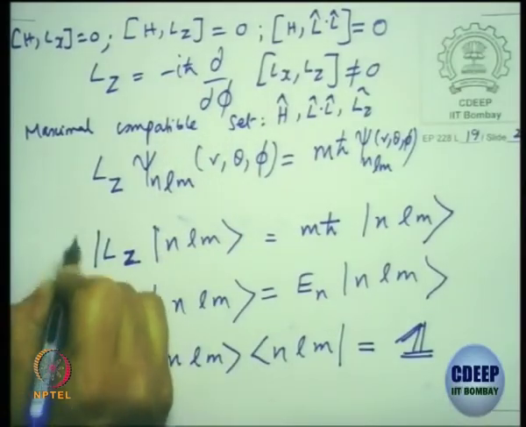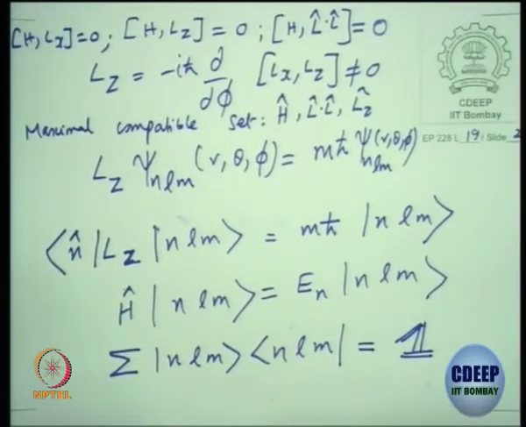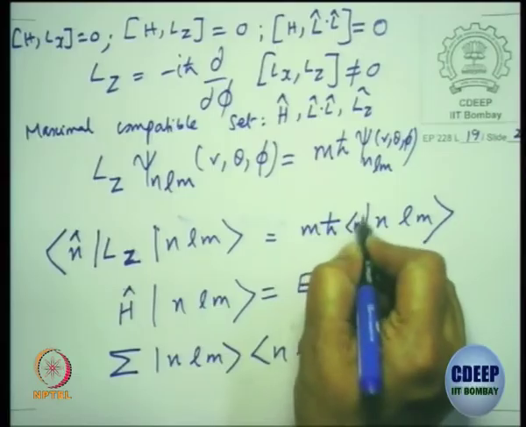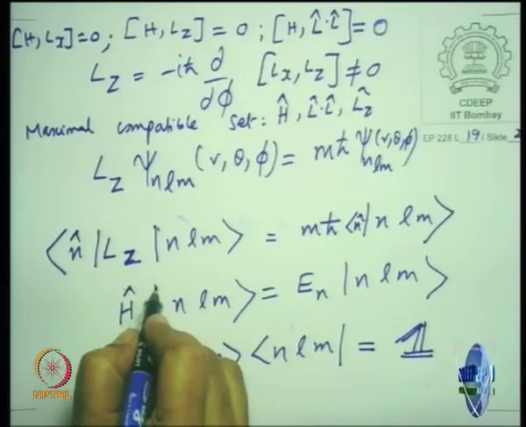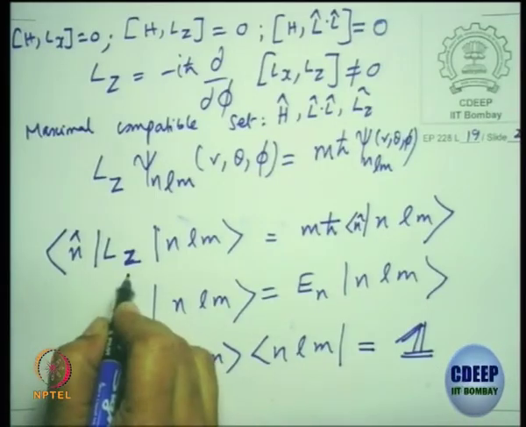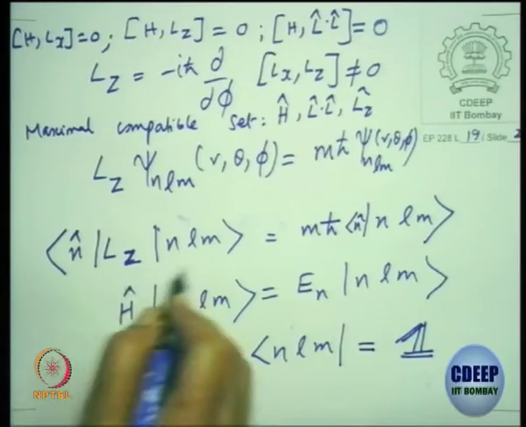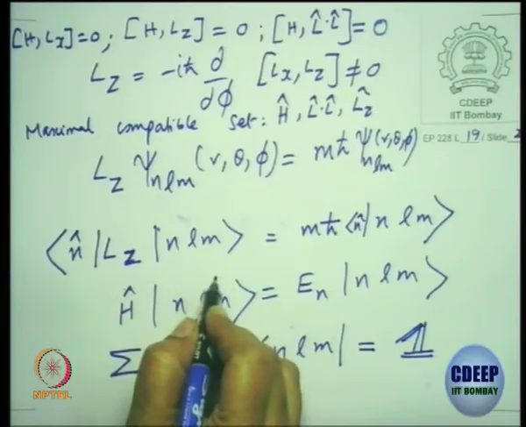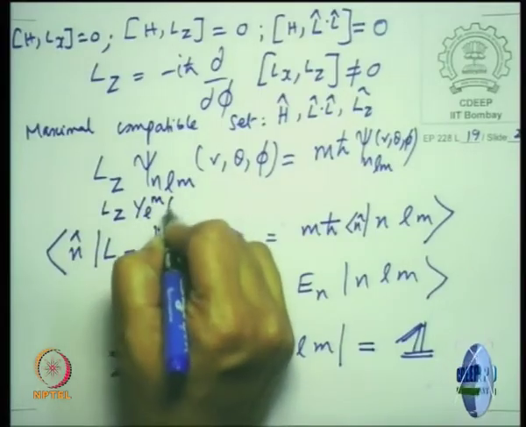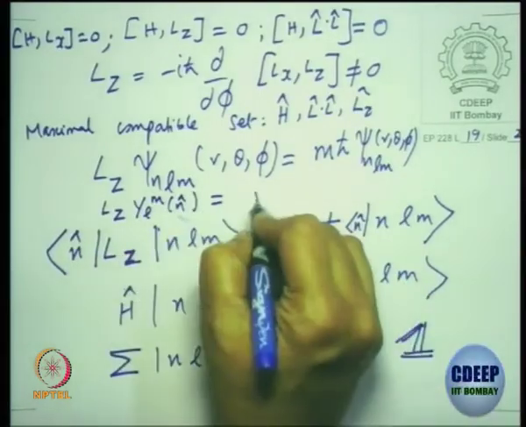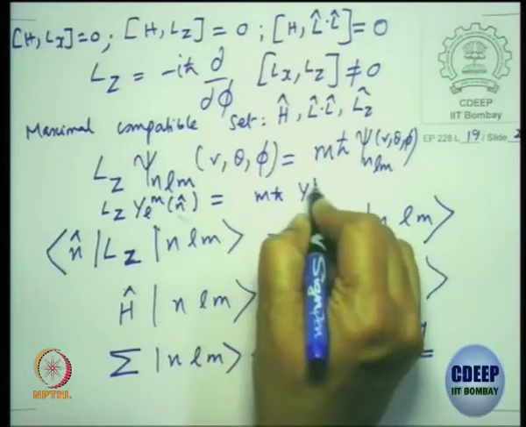You can take projections here with hat n. And what will this be called? This will be the Lz operator on the YLM part. Okay. So, you can write Lz on YLM of hat n is m h cross YLM of hat n.